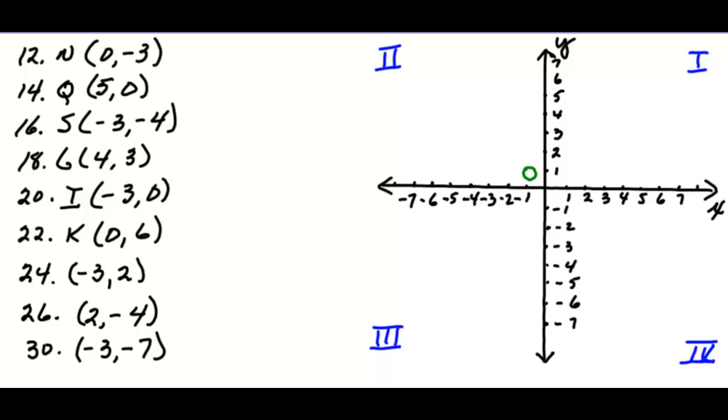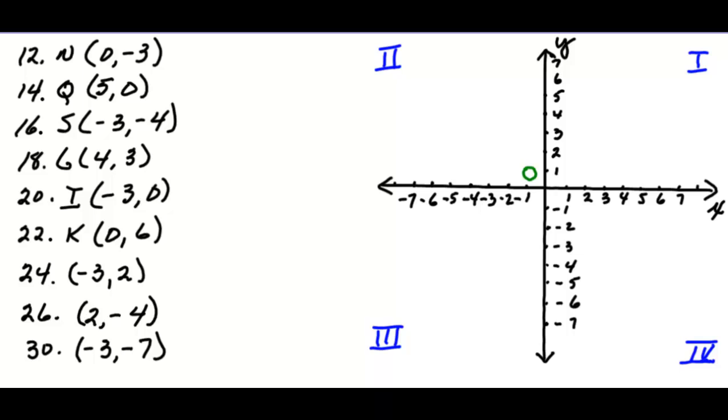To its left is quadrant number 2. In quadrant number 2, the x value is negative, but the y value is positive. In quadrant number 3, both the x and y values are negative. And in quadrant number 4, which is down on the lower right, the x values are positive, but the y values are negative. So let's go ahead and plot some points.